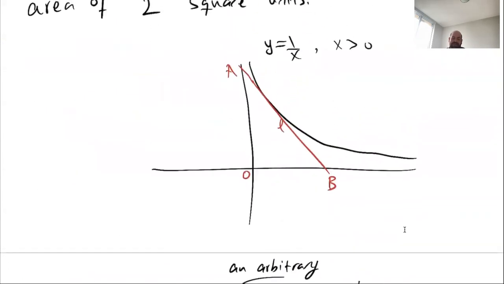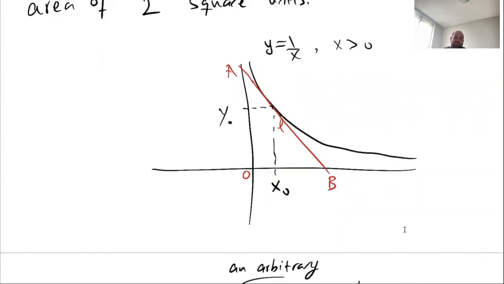Do not say it's tangent at x equals 5, or at x equals 2, because the argument has to be valid in general, right? But if I call the x value of the point of tangency x0, giving it a name has no problem. It doesn't reduce the generality, right?